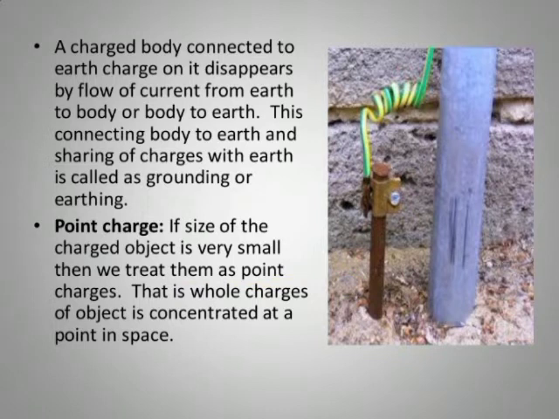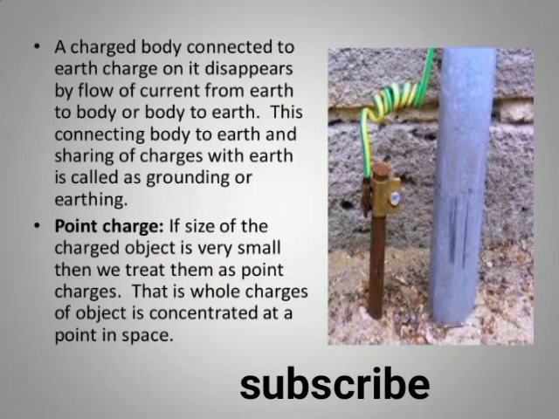Now, giving a few examples, if I consider an aluminium vessel, that big vessel has millions and trillions of aluminium atoms, and for that you're going to tell the whole charges of the object. If the size of the object is very small, then we treat that as a point charge. So the charge on that particle is something called a point charge.